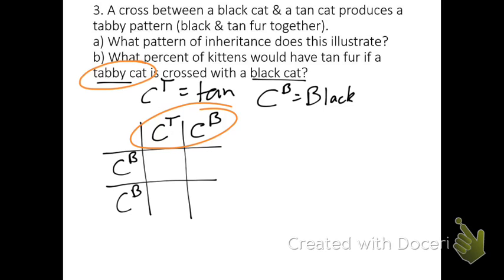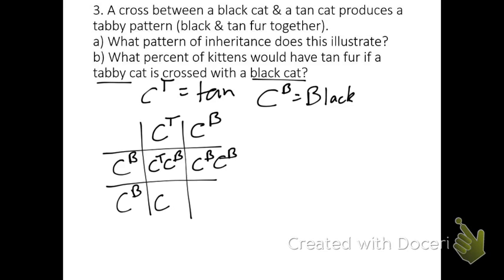So tabby cat crossing with a black cat. Well, let's just do this. CT, CB. This one gets a CB, CB, CT, CB, and CB, CB. Okay, by the way, why I'm choosing C is because the trait is color.